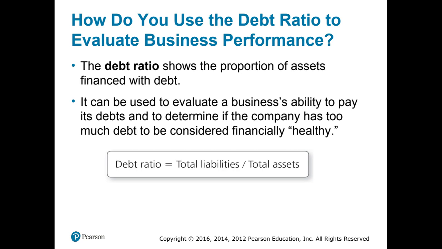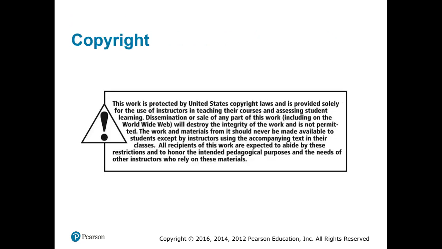The debt ratio equals total liabilities divided by total assets. Total liabilities divided by total assets equals our debt ratio. So it is important to know how to perform this. It is part of your assessment.